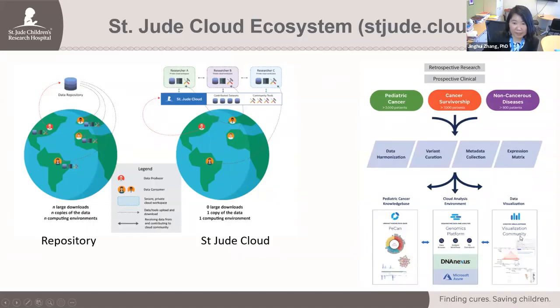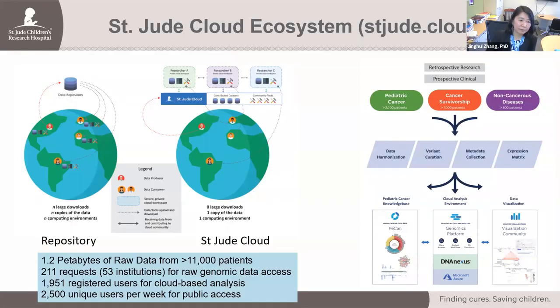And there are data visualization tools, called the visualization community, that enable users to interactively explore these data. The PeCan and the visualization community can be accessed without applying for data access, while for the genomic platform, we require a data access agreement, as we want to ensure the patient data are protected with security.